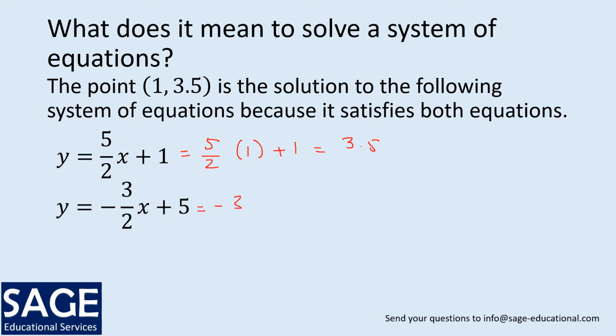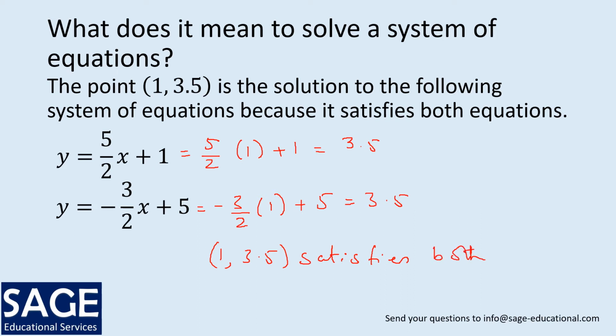Similarly, in the second equation, I am going to substitute x is equal to 1, and I'm going to solve for y, and again I get 3.5. So what that means is that the point (1, 3.5) satisfies both equations, and that is what it means to say that a point is a solution to a system of equations.